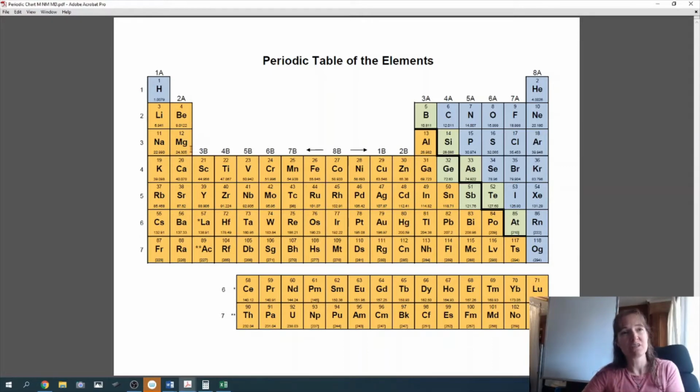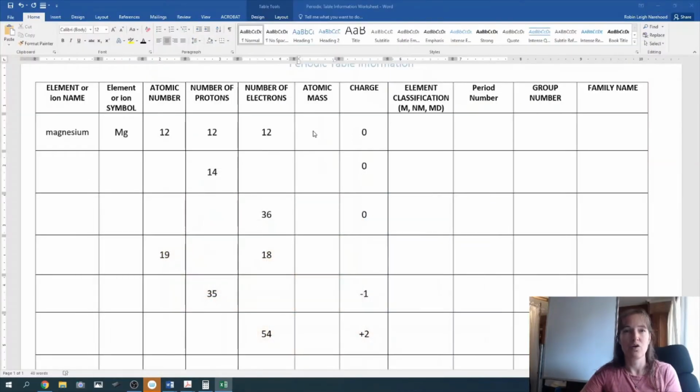They average together based on their abundance to be 24.305, and that is called the atomic mass. Sometimes you'll see it called average atomic mass or average atomic weight, but this is the number that's on the periodic table. 24.305 is not the mass of an atom, it's the average of the element magnesium.